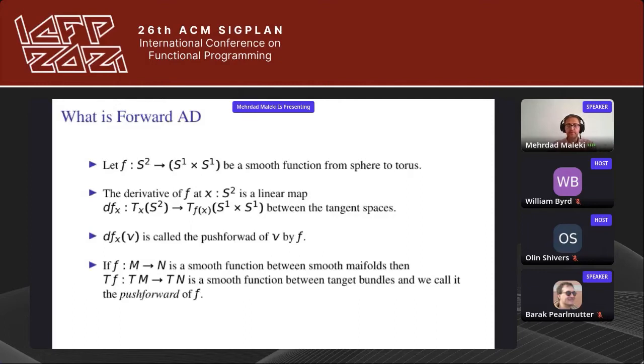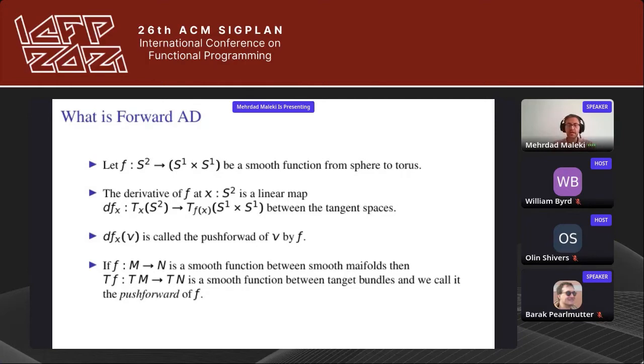So if we want to define the derivative of a function, for example, from a sphere to a torus, we need to define df_x on the tangent space of this sphere at the point x to the tangent space of the torus at the point f(x), where the function f maps point x from the sphere to point f(x) on the torus.